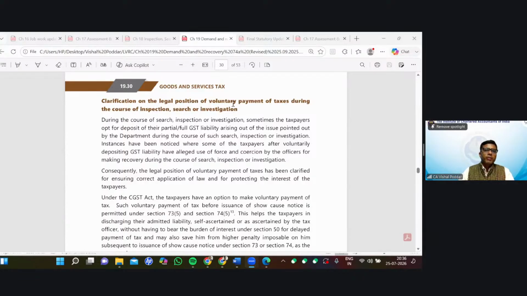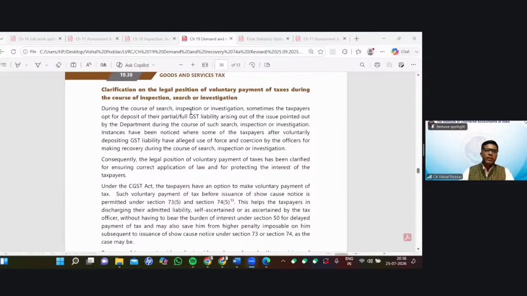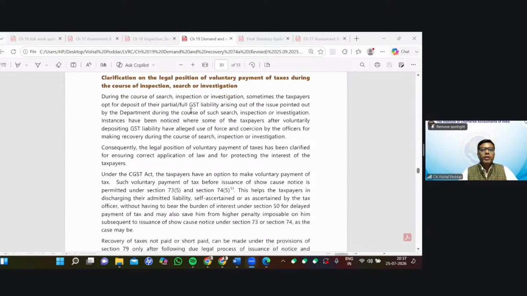Now, what is the clarification given on legal position of voluntary payment of taxes during course of search, seizure, investigation? Now, many times it is found, students, that whenever the officer comes to your premises for some search or inspection proceedings, they forcefully get the tax deposited from you. Now, first, there is an instruction issued by CBIC that officers should not resort to such forceful means and should not, under any type of coercion or force or threat, make the people pay the tax, at least at the time of these actions of investigation, search, etc. However, where such tax is made to be paid by you, there is a circular which says that this will have to be even refunded.